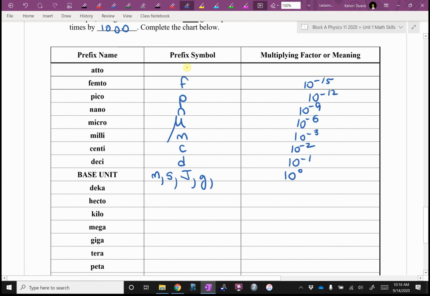And then atto, which is lowercase a, 10 to the negative 18. We might have to go smaller. There is, believe it or not, an international committee that decides on the names of these things. There's a procedure and a process, and so as technology moves either in the bigger or the smaller direction, if we need more metric prefixes, there's a committee that decides what the next prefix will be.